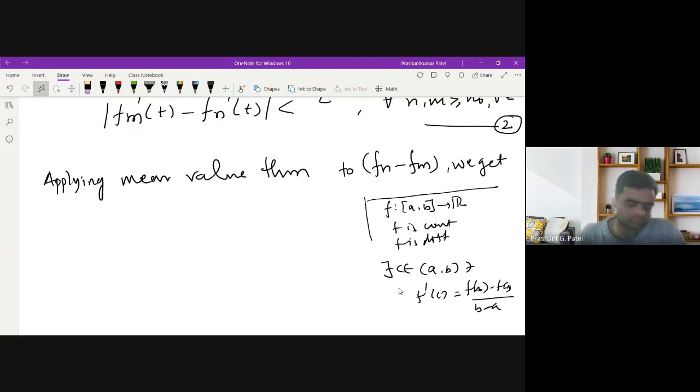So here I am applying the mean value theorem for this function. Instead of f, we have f_m minus f_n.